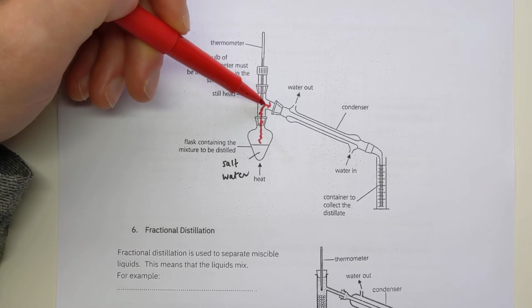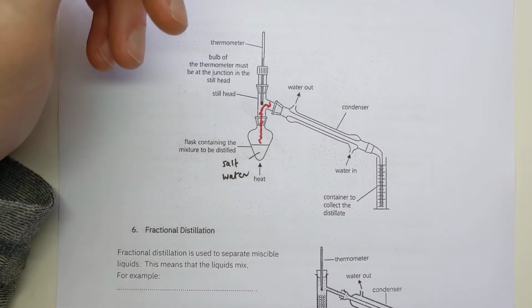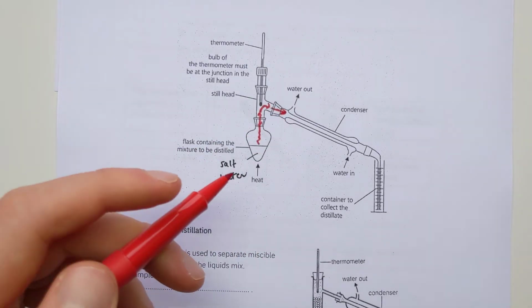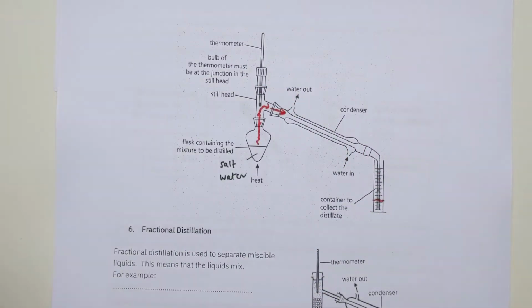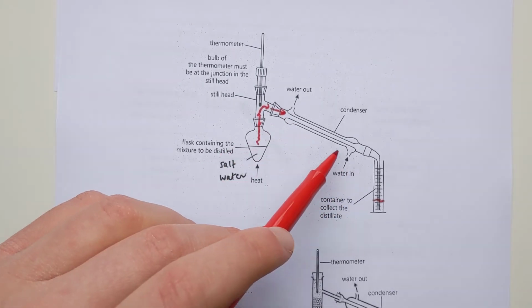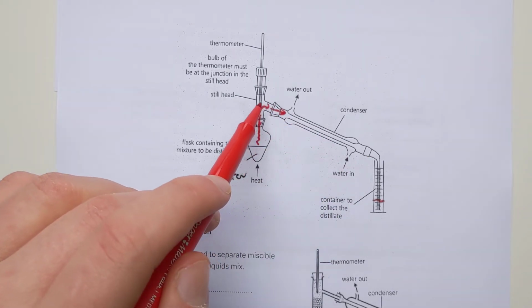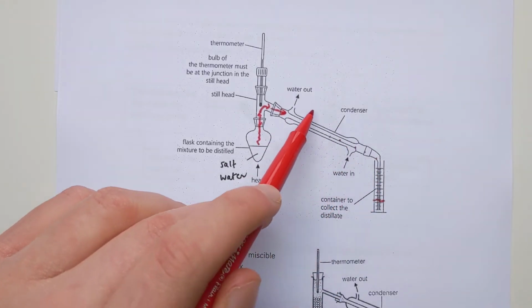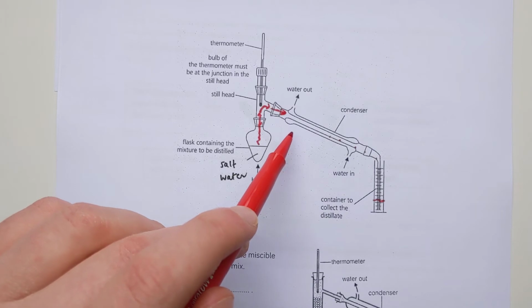Anyway, so you've got your steam or your vapour going through. It's not very useful to me as a gas or a steam, so I want to turn it back into liquid. So it goes through this piece of apparatus called the condenser to turn back into liquid, which we'll gather at the bottom here. To turn a gas back into liquid, you need to cool it back down. So the condenser does that, it cools this gas down. How it works is it's like an open tube, so the gas still goes through there and turns back into liquid, but there's a little jacket around the outside of this condenser.